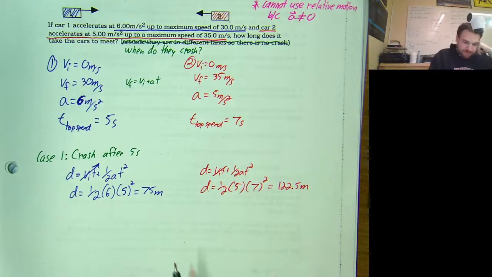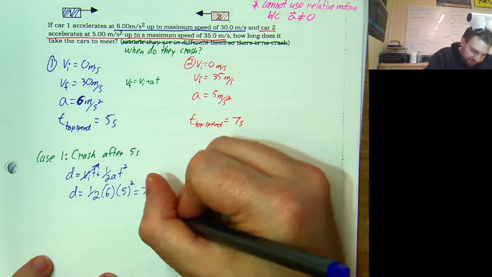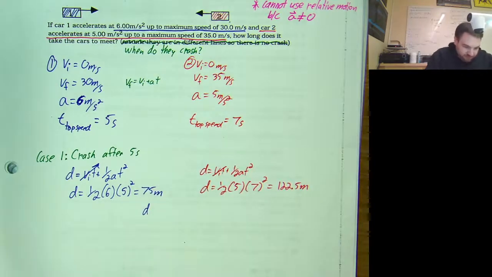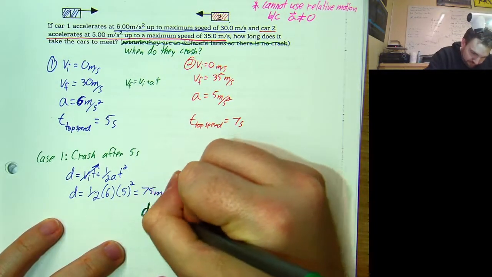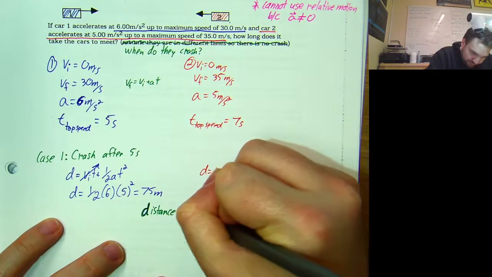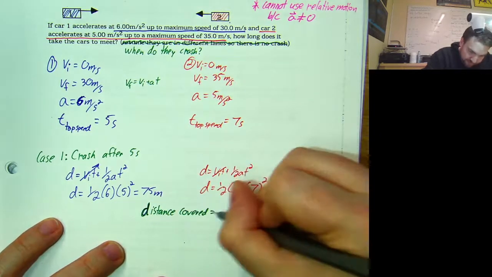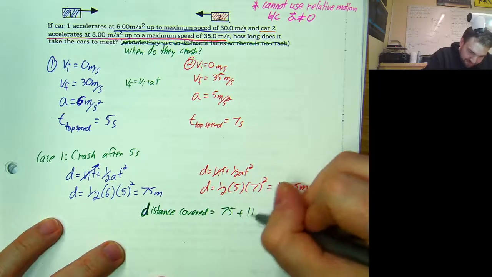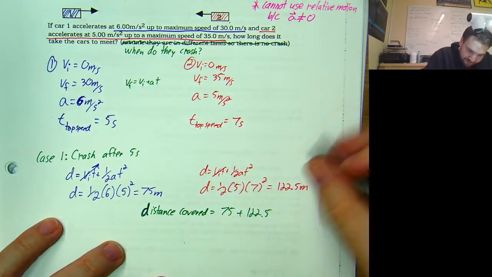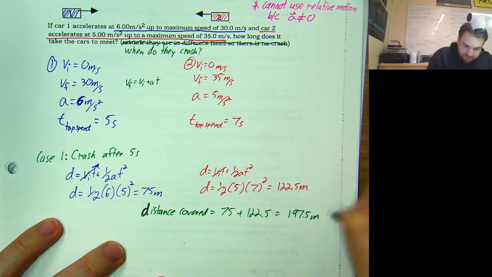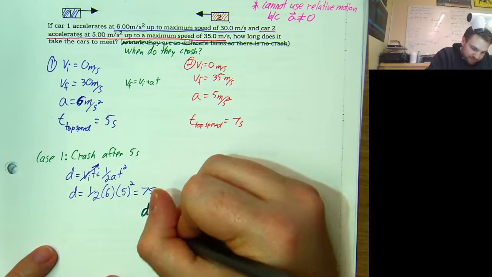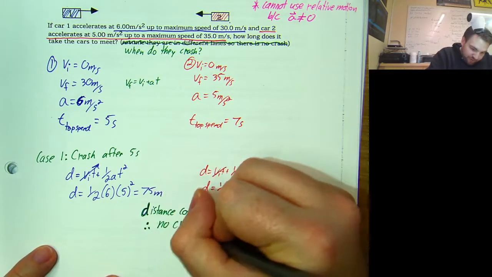Okay, so we figured out that the total distance covered, I'll use green, is 75 plus 122.5. That is what? 197.5 meters. Therefore, no crash.